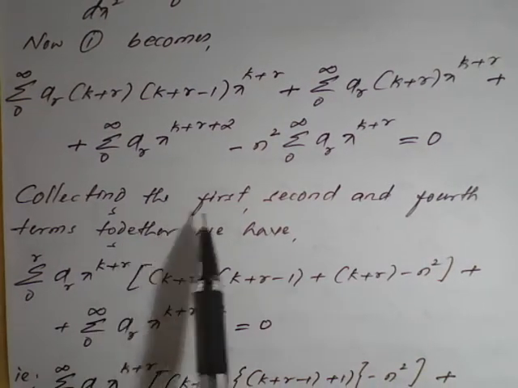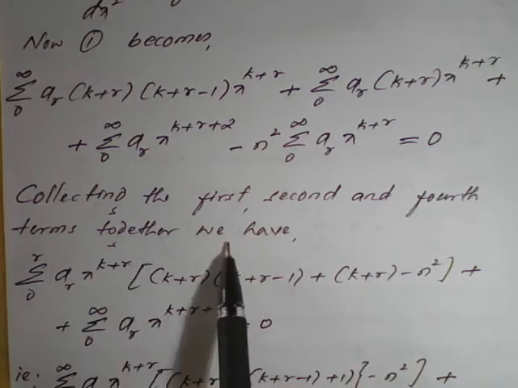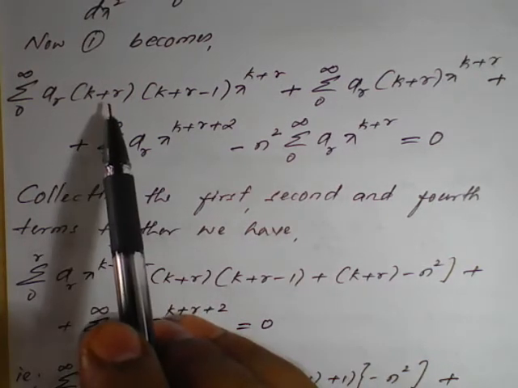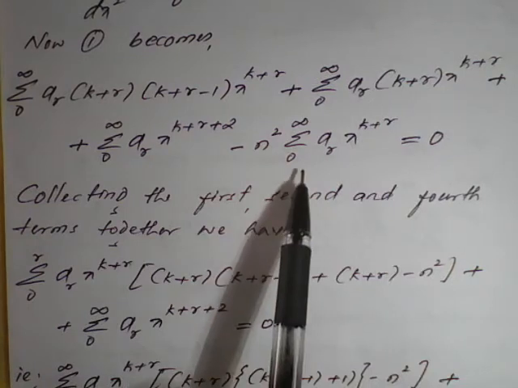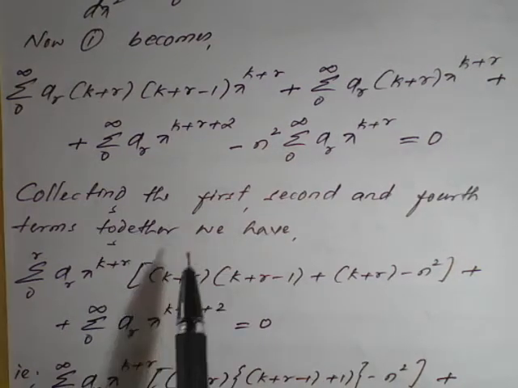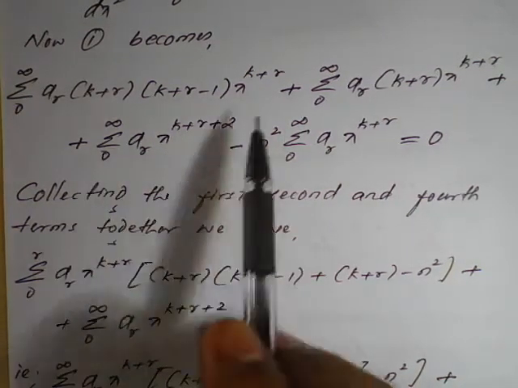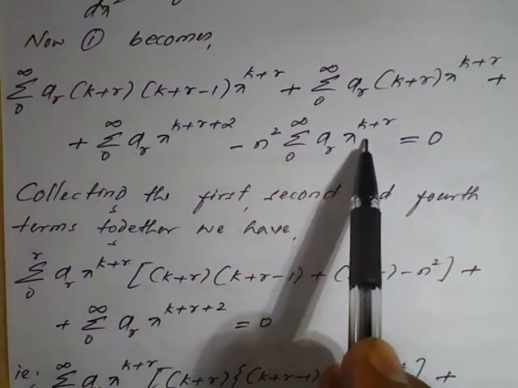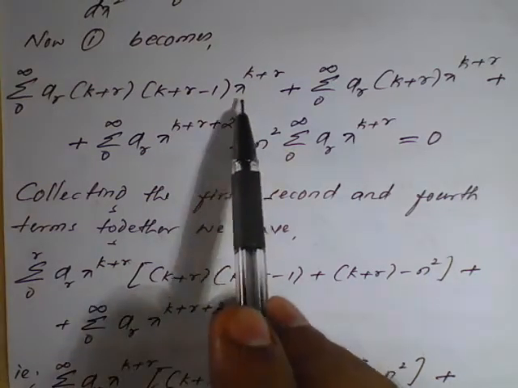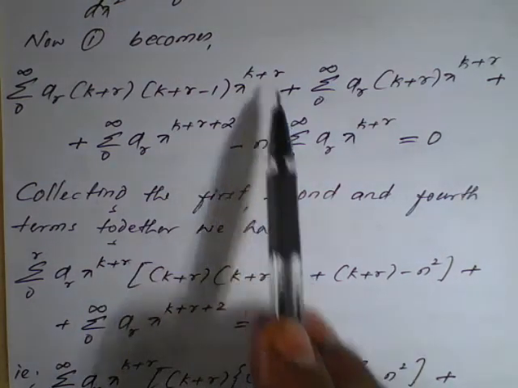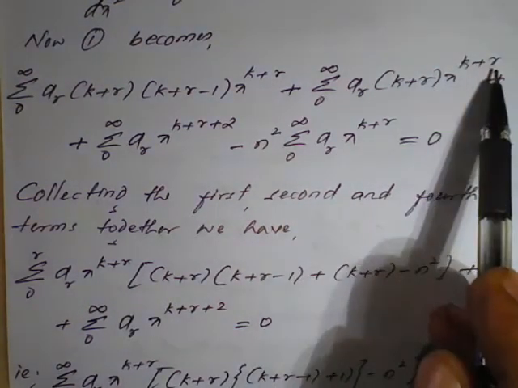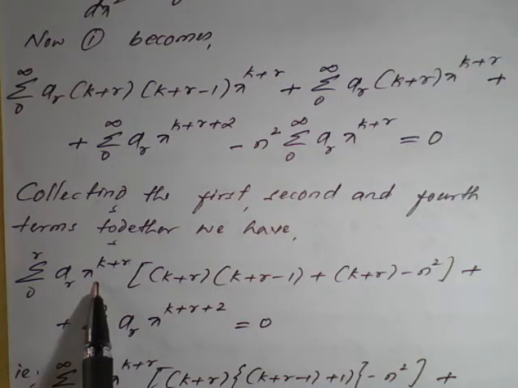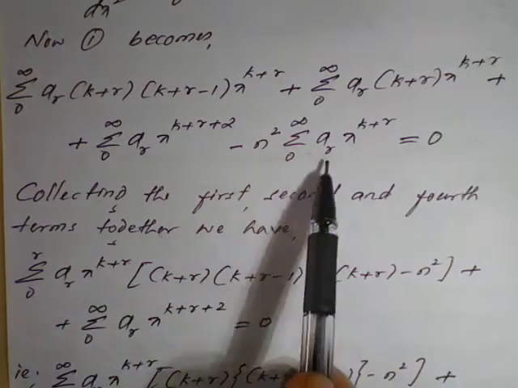On collecting the first, second and fourth term together, we can easily make k+r here, k+r here, k+r here. All have k+r, so we can take x raised to k+r common, and a_r is also common.